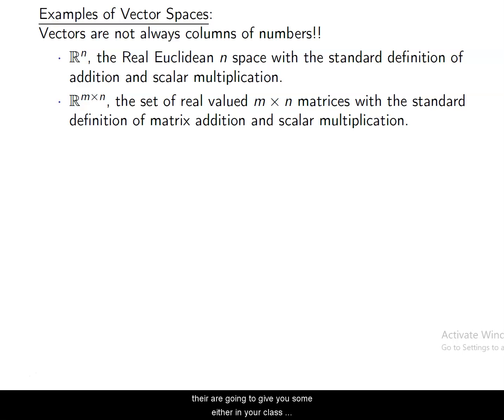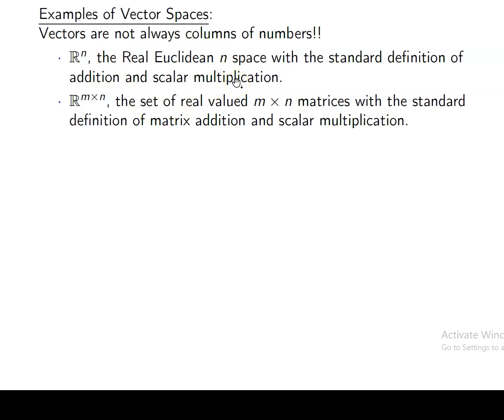Okay, there are. I'm 100% going to give you some either in your classwork or an exam, right? I'm not going to tell you which, but you will come across them in this class. Okay, probably in your homework as well, right? So there are weird definitions of addition and scalar multiplication that do hold true for vector spaces.